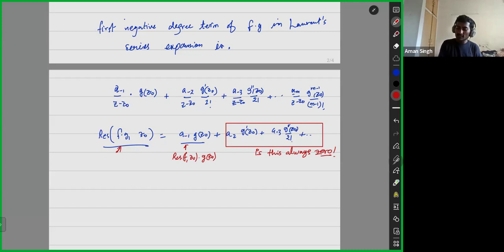So the question is, are these two equal? Their question is, is this boxed number zero? And the first answer will be no. You can create some counterexample. Okay, we will create some counterexample.